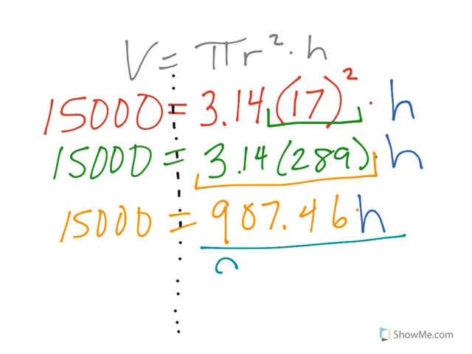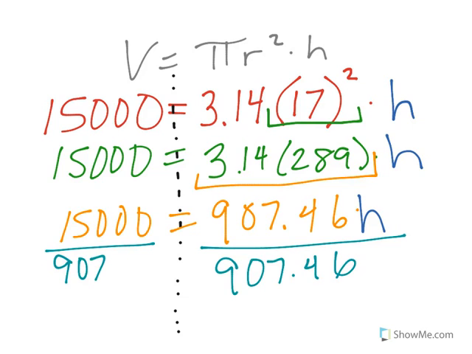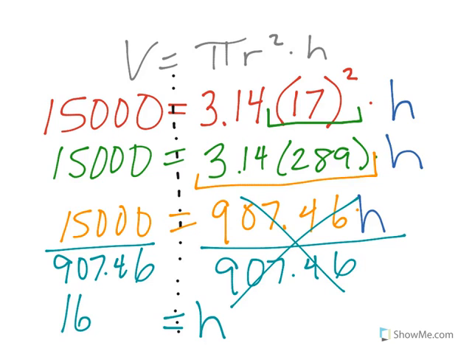I'm going to divide both sides by that number in front of h, because any number divided by itself is 1. 4 divided by 4 is 1. 8 divided by 8 is 1. 907.46 divided by 907.46 is 1. And I'm left with 1h equals 16.52. Okay, 16.52 equals h.